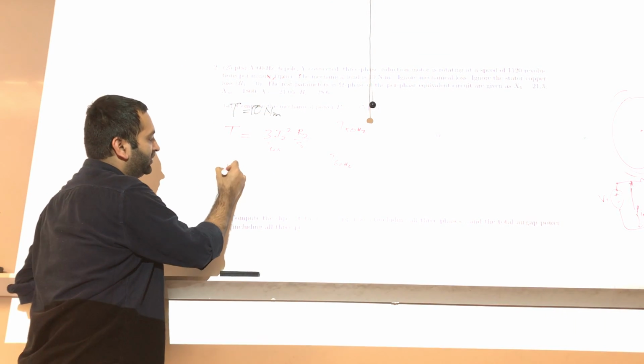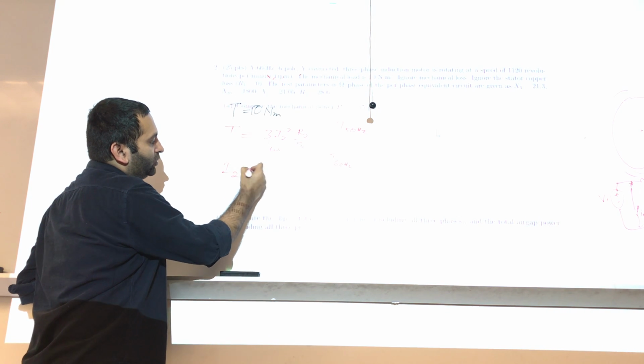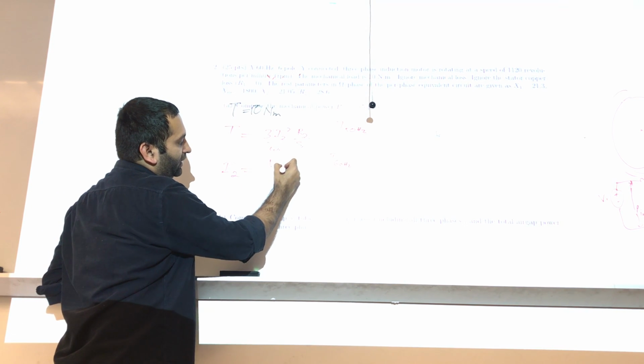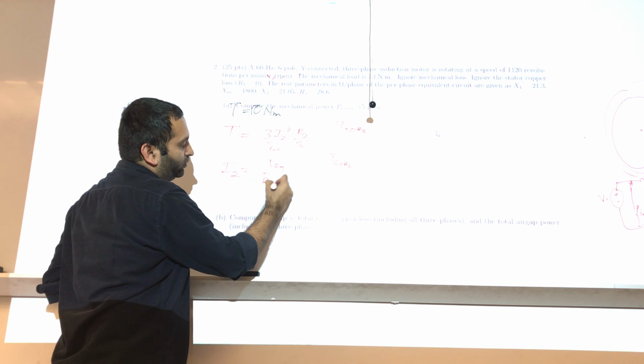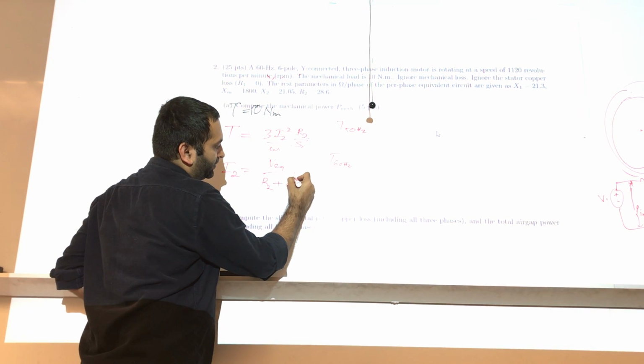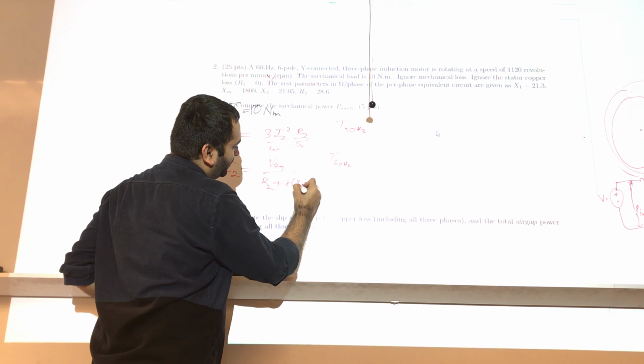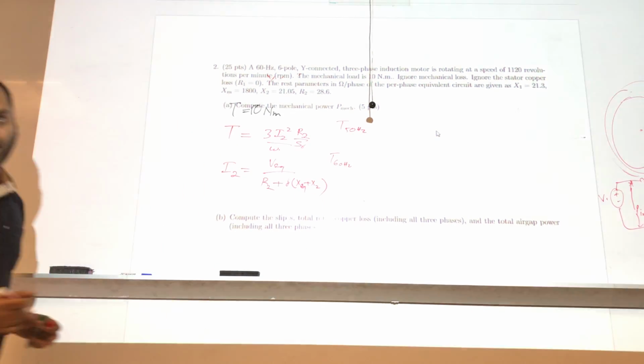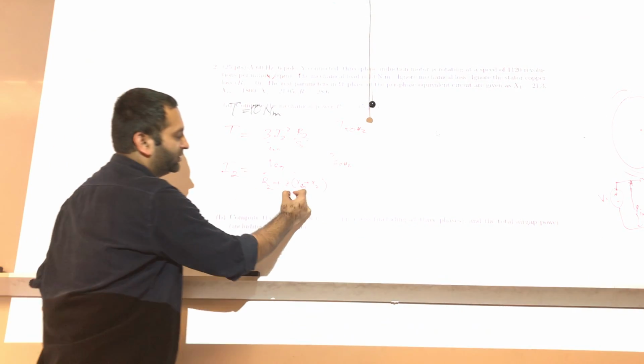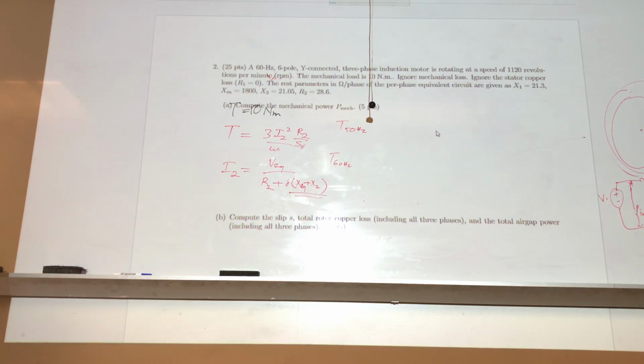Because you can write current I2 as V equivalent over R2 plus j times X equivalent plus X2, right? So because it has impedance, this will also be different. Am I clear?